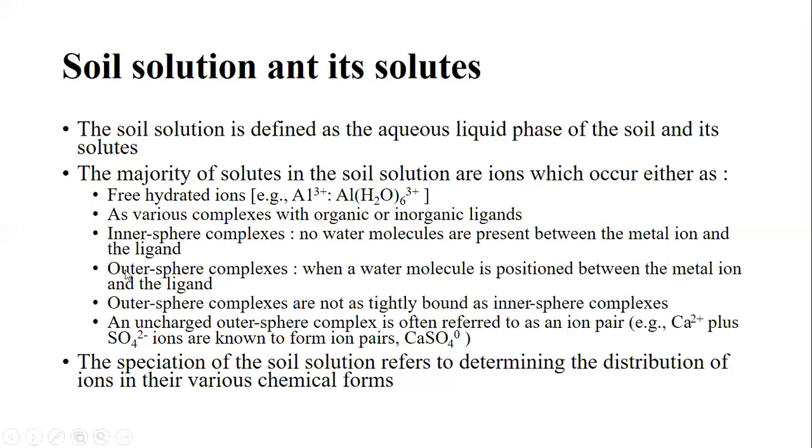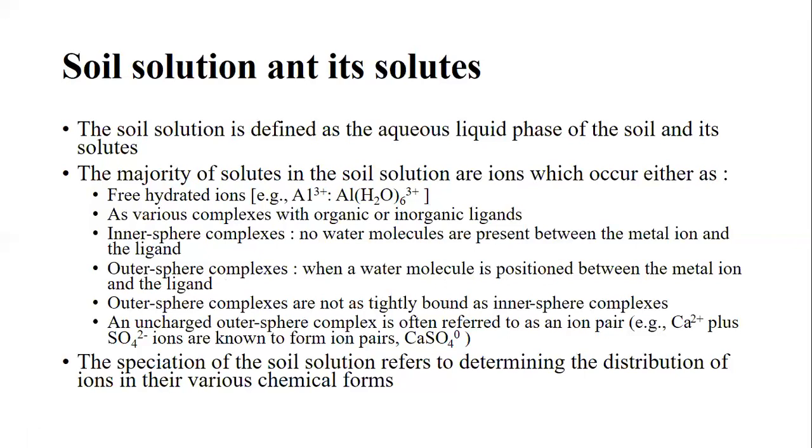And then we have the second type of complexes, which is the outer sphere complexes, when a water molecule is positioned between the metal ion and the ligand. So in that case, there is no immediate contact between the metal and the ligand. There is a water molecule that's surrounding that metal and pushes away the ligand from that metal.